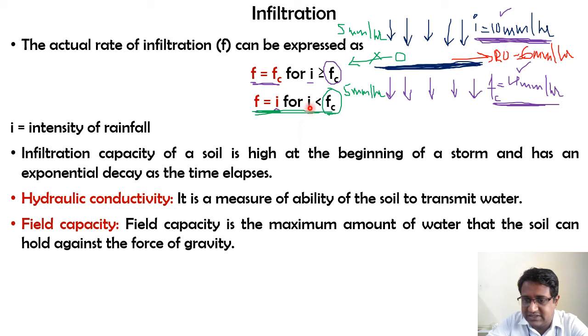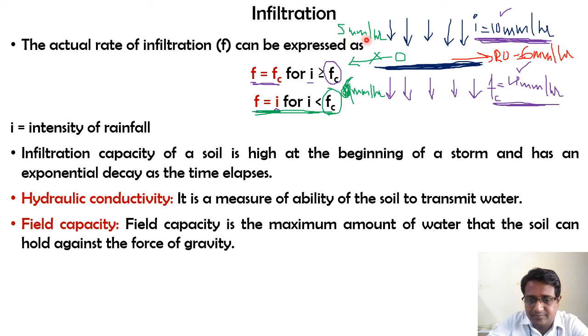Similarly, if the intensity of rainfall is less than your Fc, here if I write a different number, if I make this Fc as 6, at that point what will happen?